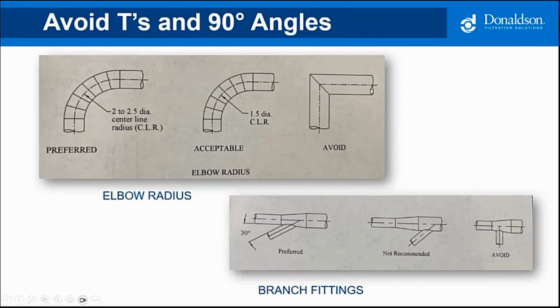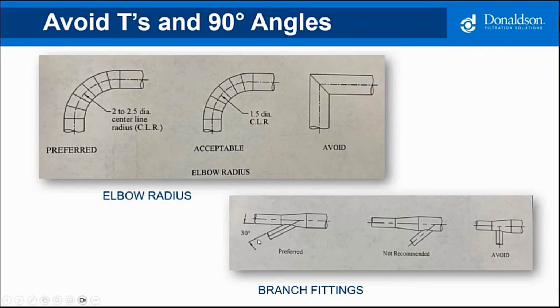We want to avoid hard 90s or 1.0 centerline radius elbow, which is what you see in HVAC. Then we get into branch fittings, and you see that the preferred is coming in at a 30. It says not recommended, but this is used a bit, 45 degree, but we see the word avoid. We never want to see a 90-degree T in an industrial ventilation.